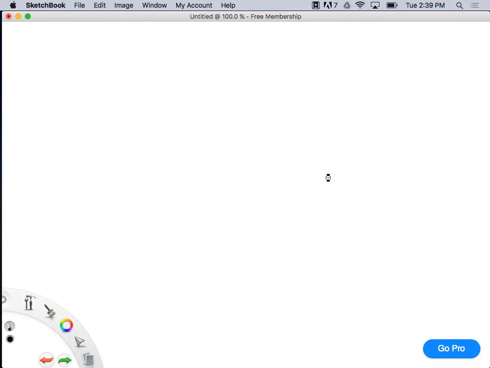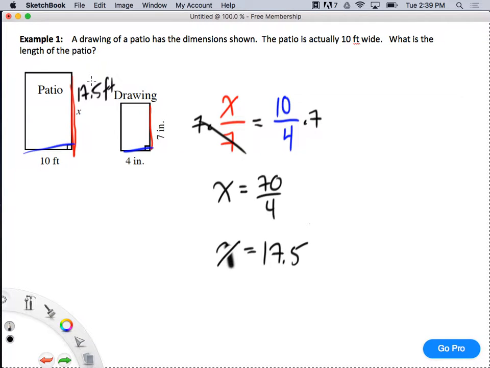On this last one, 17.5 feet, you can leave it there. You can leave it at 17.5 feet because you don't have to round it. Why don't we convert it to inches? You could, but you don't have to because it's exact.